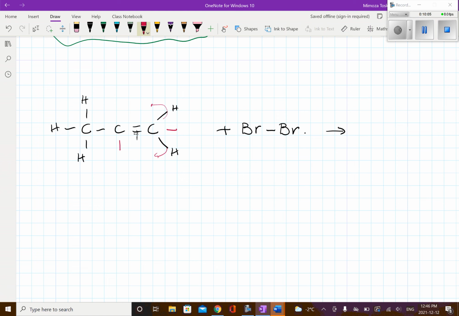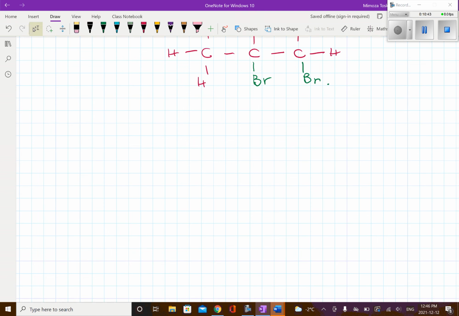So then what you will see will be something like carbon, carbon, carbon, and then one hydrogen. This is what it was, and then the bond that is broken goes here, so you will have Br and Br. So you add where the double bond is broken.